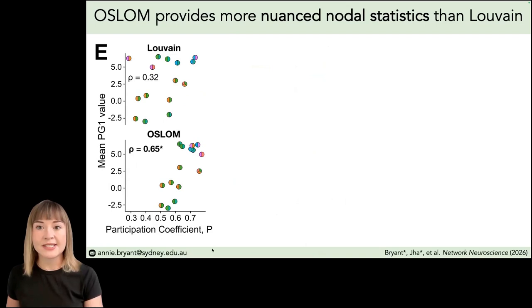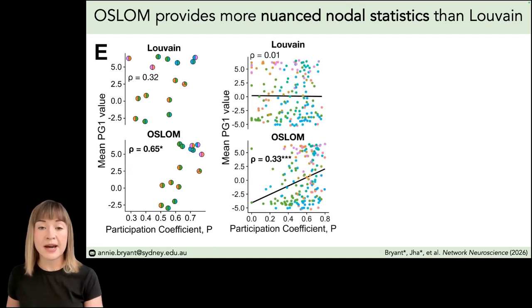And this suggests to us that overlapping regions identified by Oslam exhibit greater cross-module intrahemispheric connectivity, which in turn positively correlates with their position in the putative functional hierarchy of the cortex. And indeed, a similar pattern held when we looked at all 180 regions in the right hemisphere Glasser parcellation.